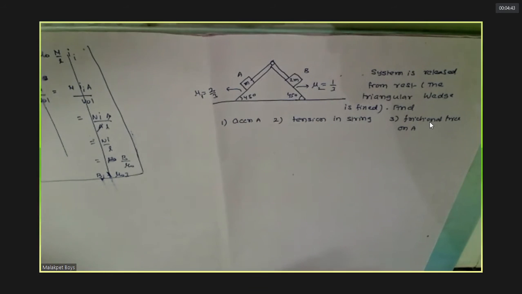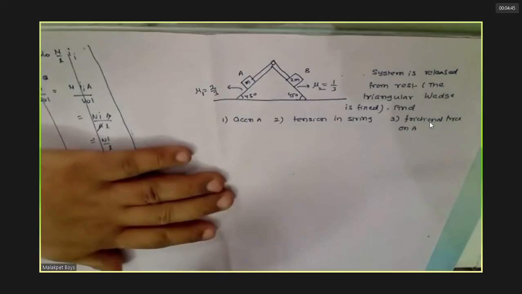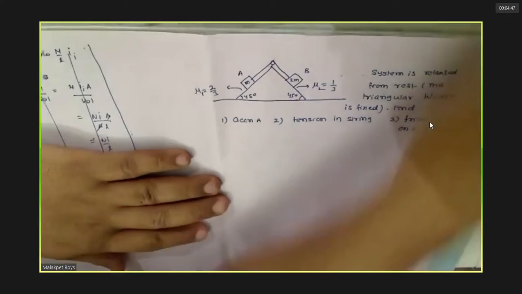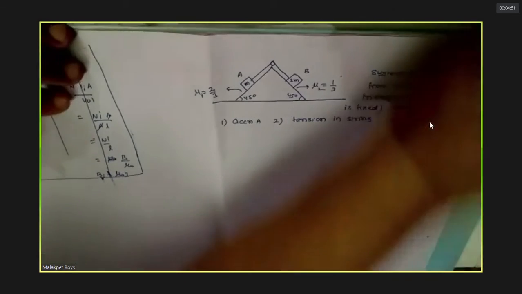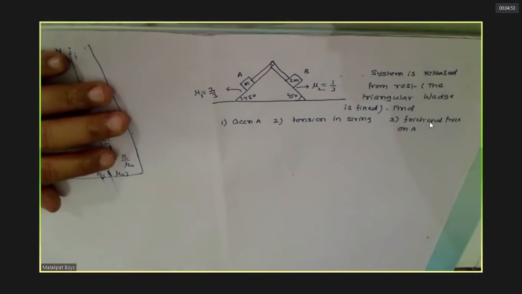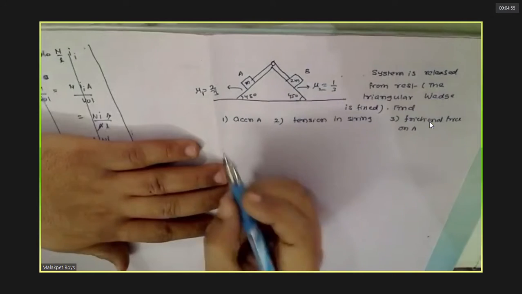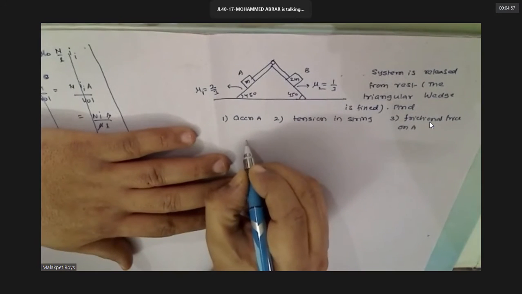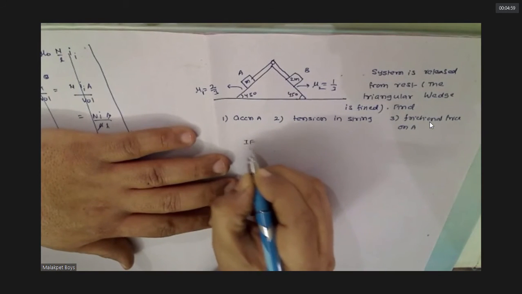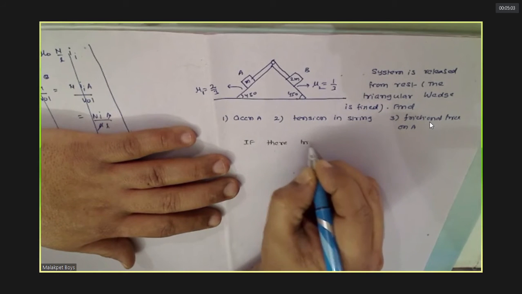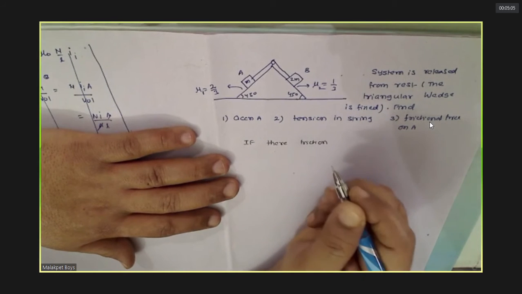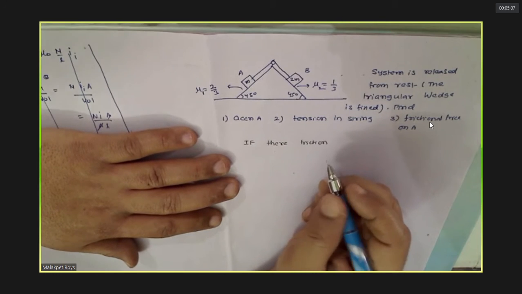Now, how to find the direction of frictional force? What do you have to assume for finding the direction of frictional force? We have to find the direction of movement if there is no friction. Then what will happen?